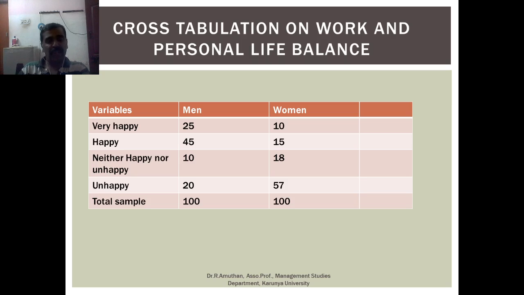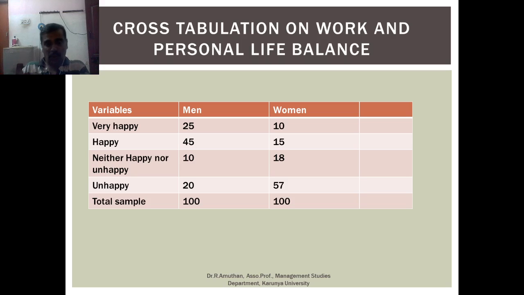Now, neither happy nor unhappy: 10 men, but women is a little bit higher at 18. But unhappy, if you take it, men is only 20. On the other side, 57 women are not able to maintain their work and personal life balance. That means, on the other side, they are wanted inside their family.